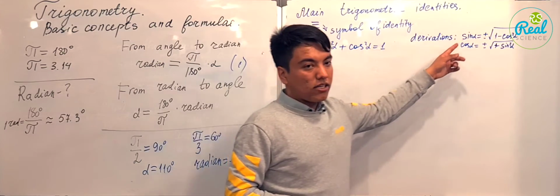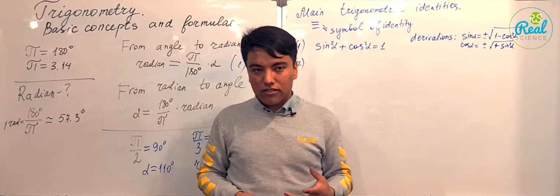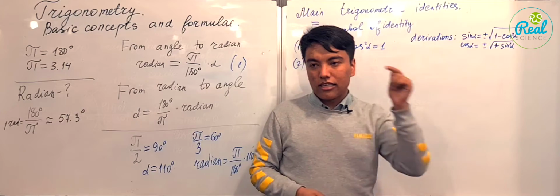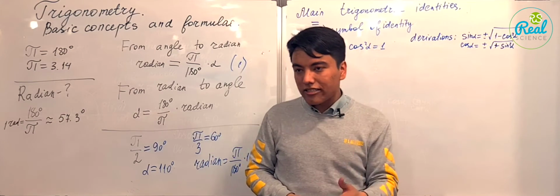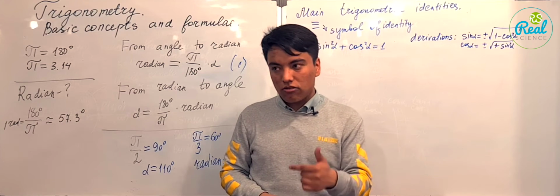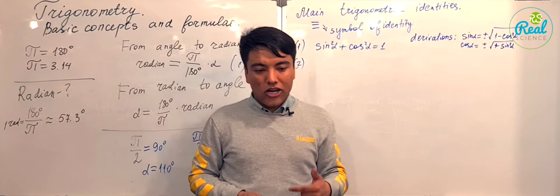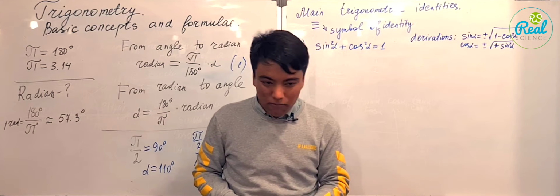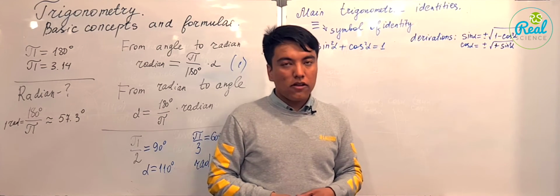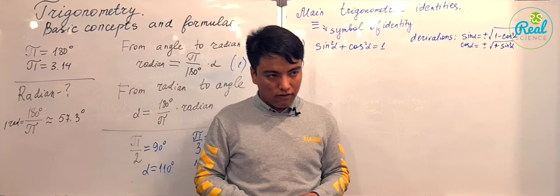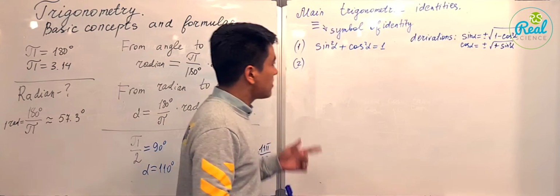If there is an angle greater than 90, for example, for cosine in the second plane, it's negative. It doesn't matter that sine is positive. You don't think that if sine is positive, cosine is also positive. No, because the signs are different. If sine is positive, perhaps cosine can be negative. You must check this. It's the first one.